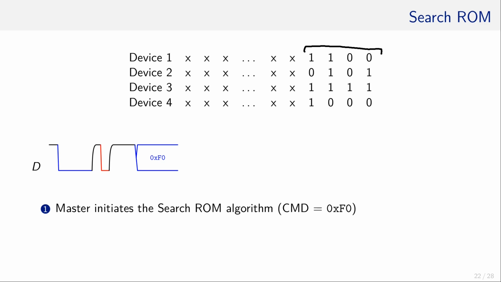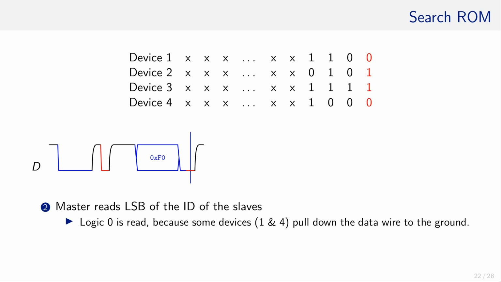Now, all slaves are in a Search ROM command state with an index pointing at the least significant bit of their respective ID. First, the master pulls down the wire to its logic 0 level to indicate the start of the transmission of 1 bit. Since all slaves are in a Search ROM mode, all of them write their current LSB of the ID to the bus.